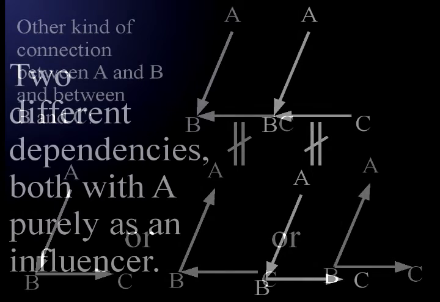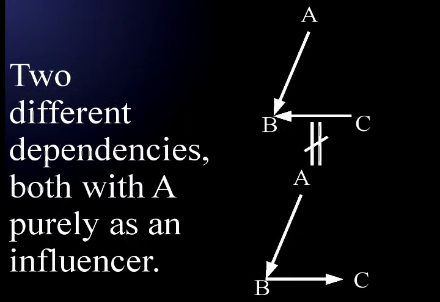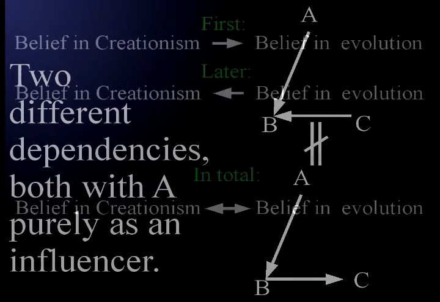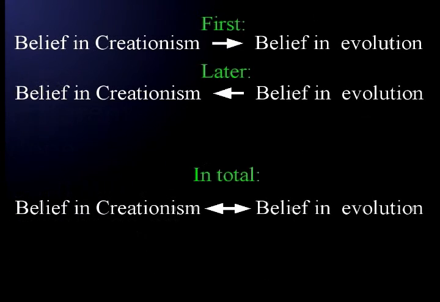Also note that if A is gender and we are studying qualities with dependency towards gender, we now have the tools for determining whether B influences C or vice versa. A influences B influences C is different from A influences B and C influences B. In some instances, the influence can go both ways.